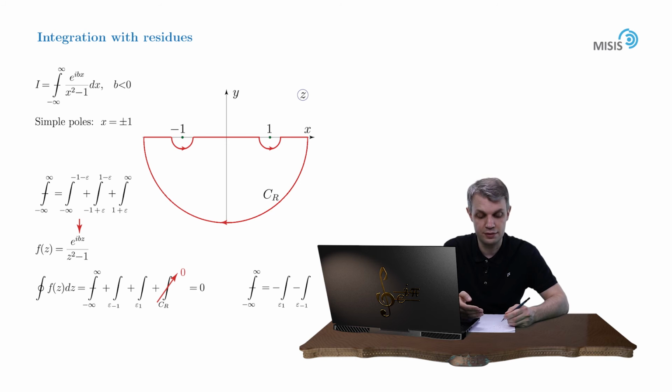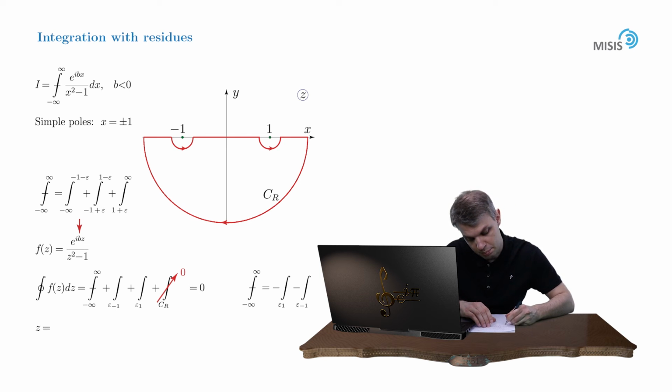So let's do the calculation for the left semicircle. We introduce a change, z equals -1 plus epsilon, and build a Laurent expansion of our function, f of z. f of -1 plus epsilon is equal to, in the denominator we'll have minus 2 epsilon, while the numerator yields e to minus ib, plus the regular terms.